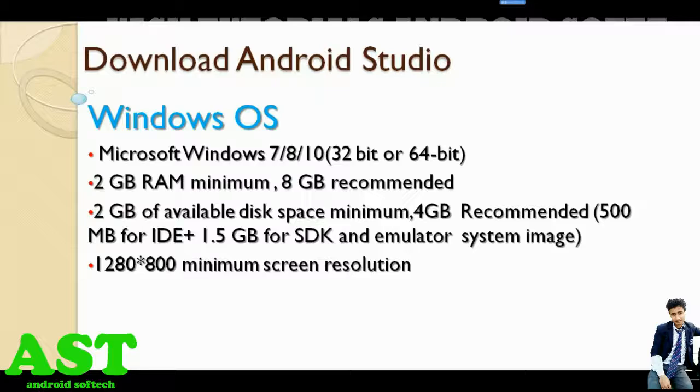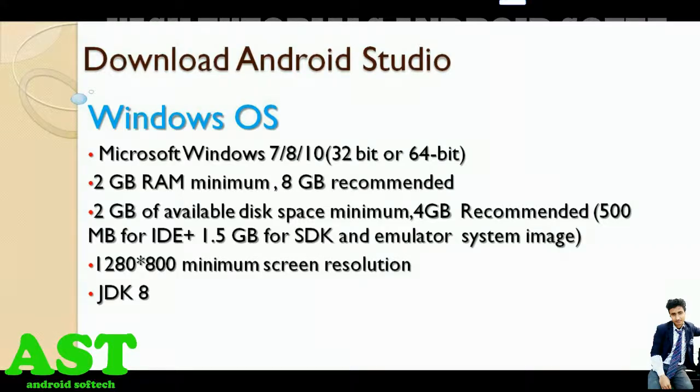It needs 2 GB of available disk space, with 4 GB recommended, and a minimum screen resolution of 1280 by 800. And you need the JDK, the Java Development Kit, but if Java is already installed on your system, then you don't need to download the JDK.